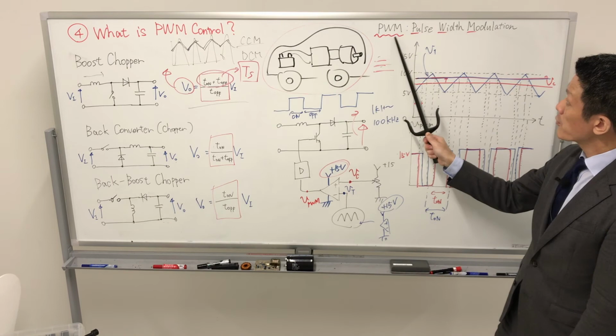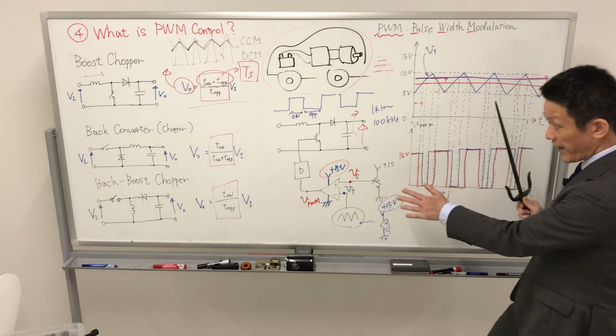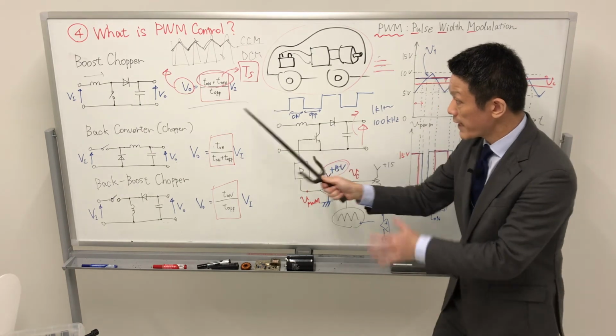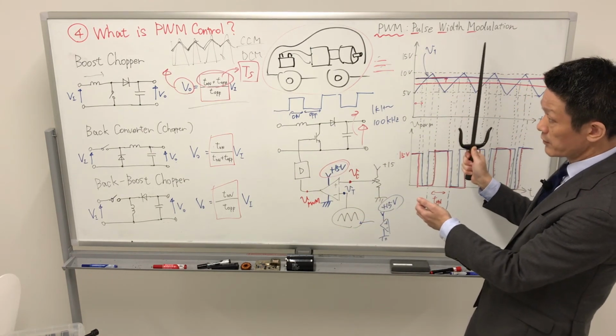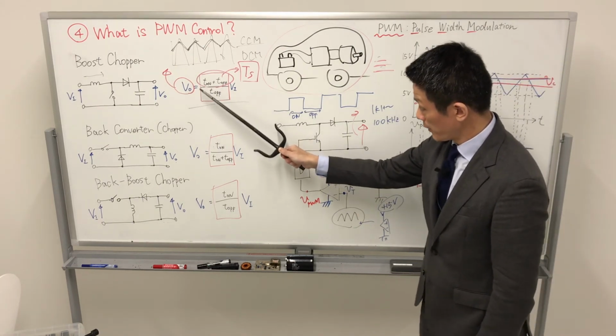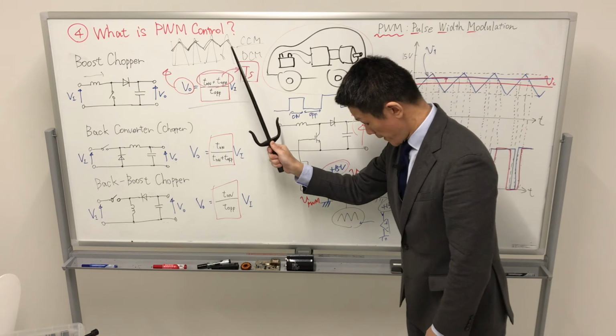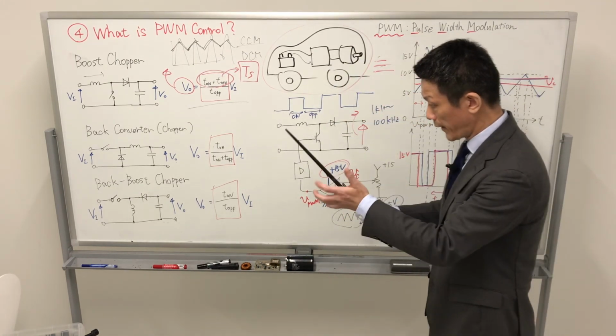That is pulse width modulation. It defines the output voltage, and using pulse width modulation we can reach the target output voltage. That is the essence of the power electronic system.